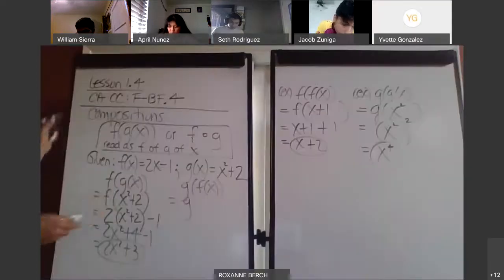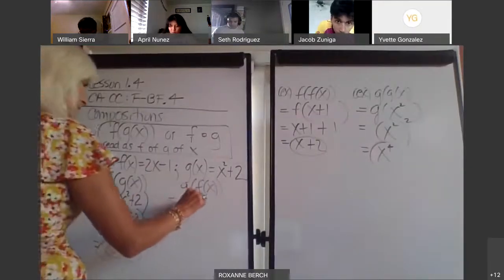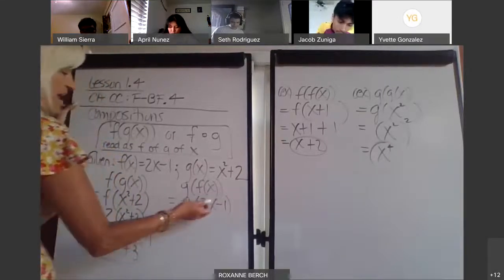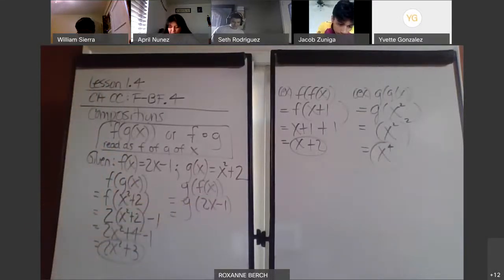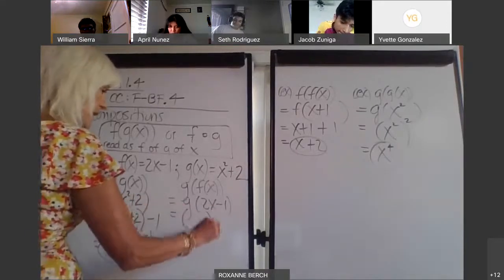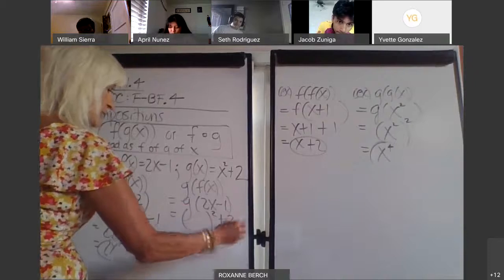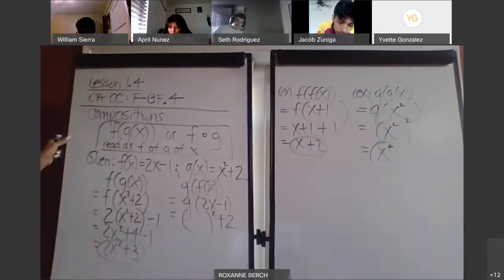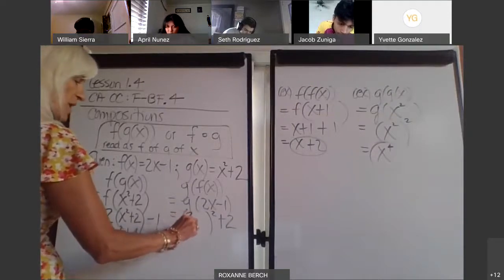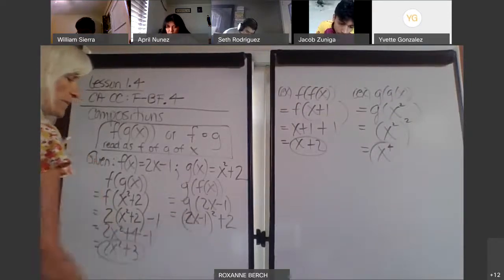Last one. Put the f function in. That thing becomes the x of the g function. So the g function is something squared plus 2, right? Well, what's the something? It's 2x minus 1.